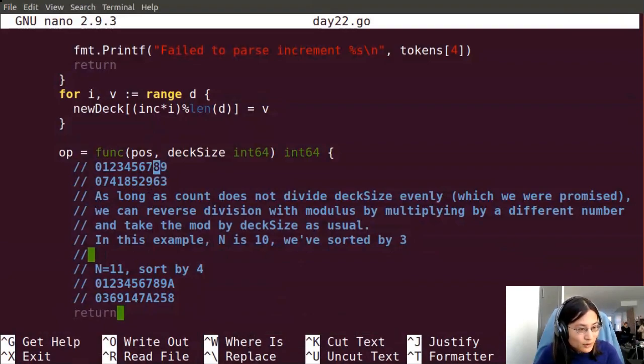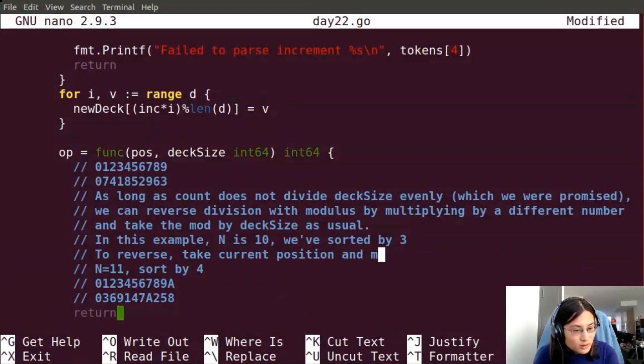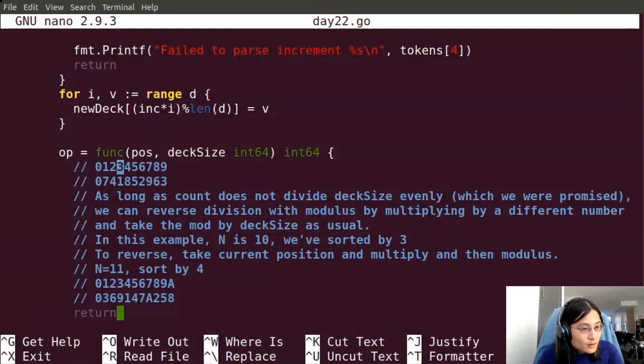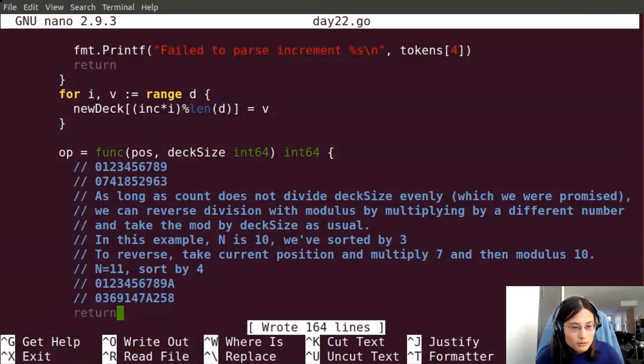But now I need to figure out a different thing to multiply each of these by to get these. Reverse: take current position and multiply modulus. What is it going to take? If I multiply by 7, does that do the correct thing? Yeah, I'm multiplying by 7, 7 modulus 10. Okay, right. I'm trying to remember how you know that it's 3 and 7, because I don't remember that.